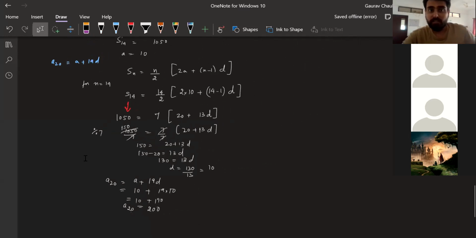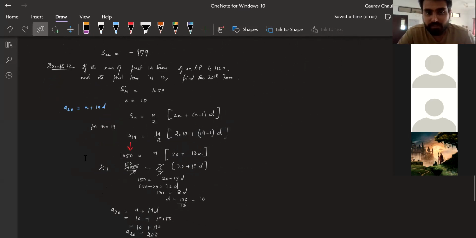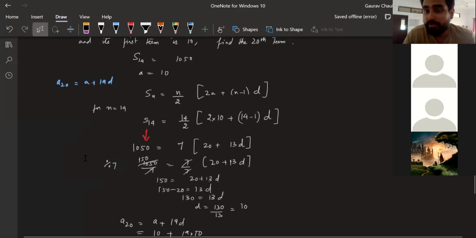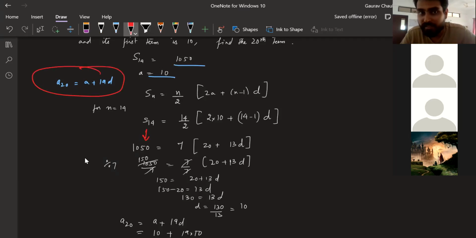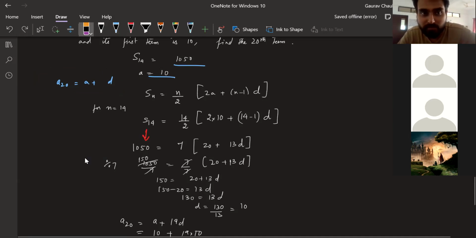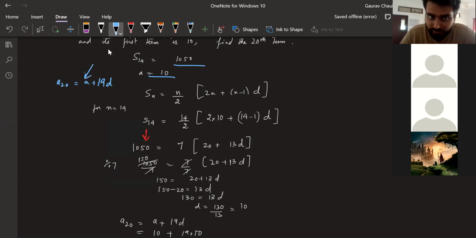Yes, sir. Basically, what I did was I wrote down what I knew from the question. I wrote down what is given in the question. These two parts were given. I wrote down what I need to find. And in that formula, to find what I need to find, I need A and D. I already have A, I need to find D. Is there some way in which I can find D?